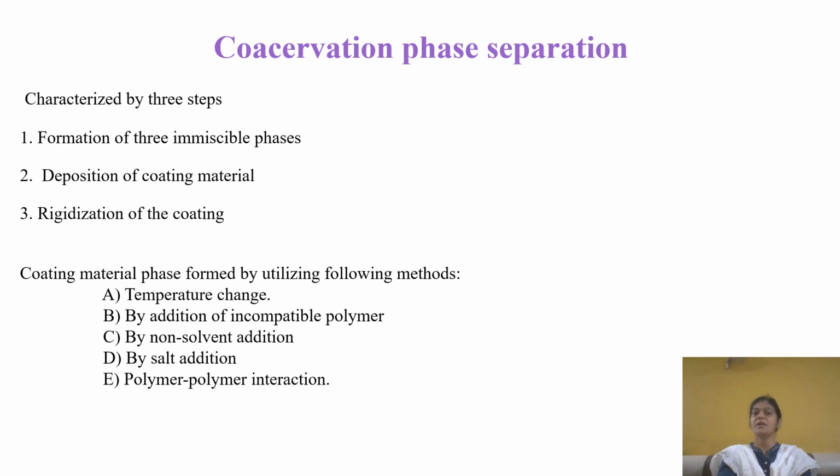Whenever the coating material phase forms, a number of methods can be utilized: either a change in temperature, the addition of an incompatible polymer, or solvent and non-solvent addition, or by interaction, by solvent addition or polymer interaction.